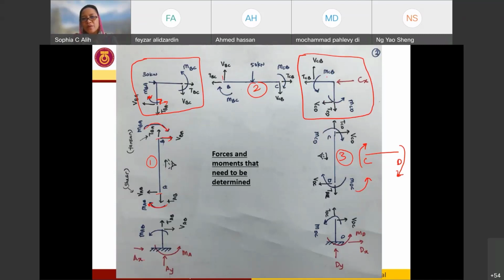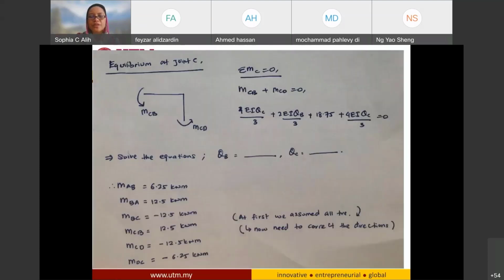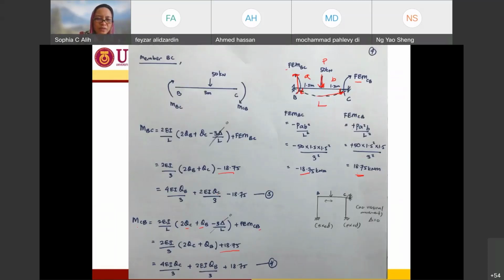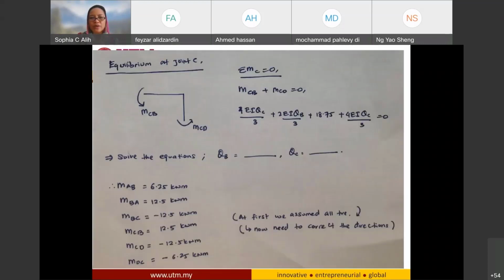So I will have MCB plus MCD equal to 0 for joint C. Then I just need to use the equations that I have already prepared, MCB and MCD, put them into my equation and solve it.